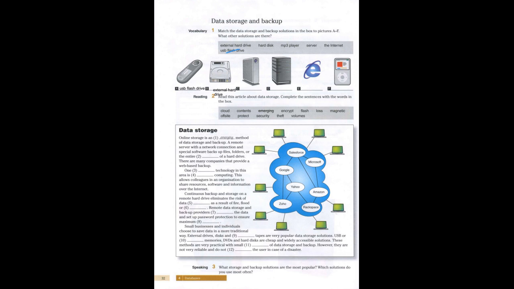So if you have a huge data that you need to store, you can use external hard disk rather than flash memory. And what is this one? It is hard disk, internal hard disk.